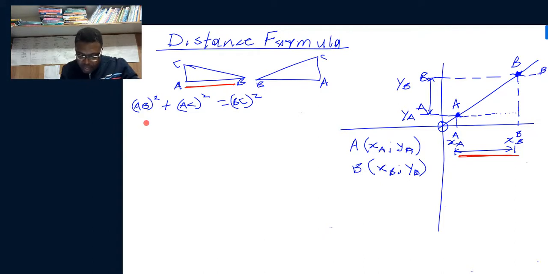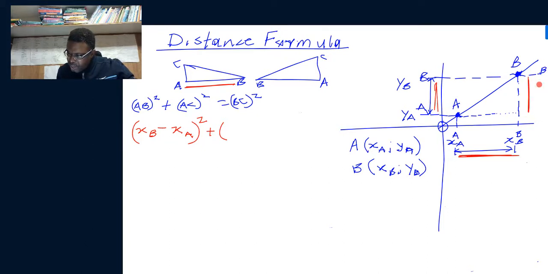We say xb subtract xa, and it represents line AB. So all squared, you see, Pythagoras, plus this vertical, or this one here. Here you have your yb, here you have your ya.